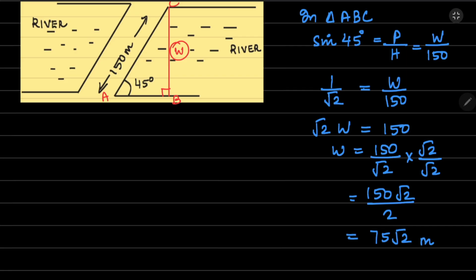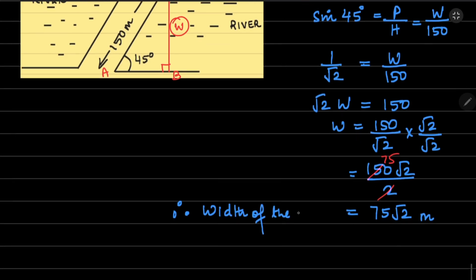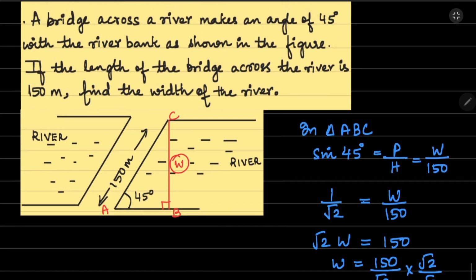Two sevens are 14, so 75. Therefore, the width of the river is 75 root 2 meters. That's all. This is not a proof, so you don't have to write hence proved. You just have to find a value.